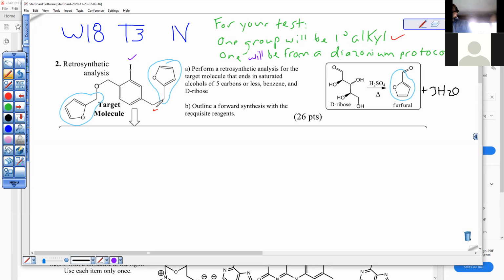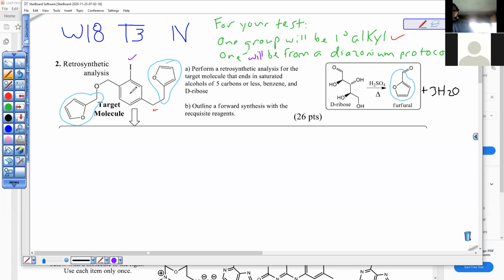Primary groups. This should be of primary interest to you. Pun intended. The primary group, after you get it on there, is an ortho-para director. So you ask yourself, do I have another group in this molecule, ortho or para to this? And the answer is yes, I have a para here.